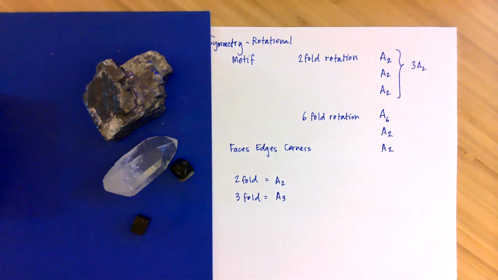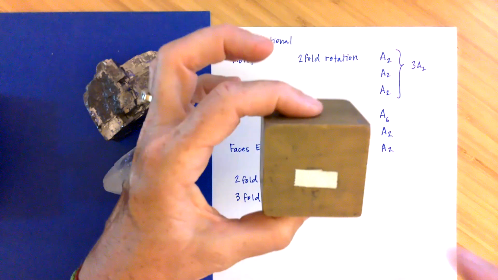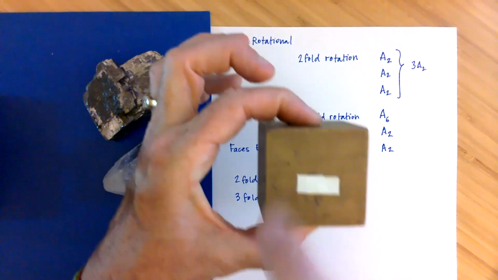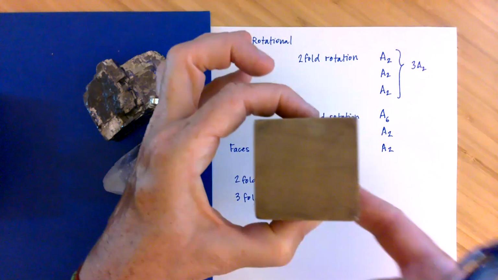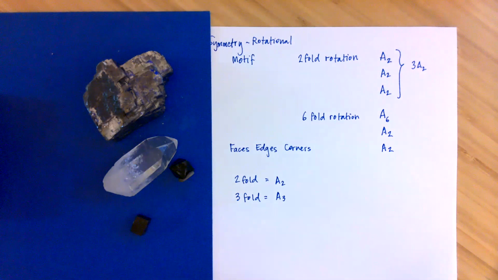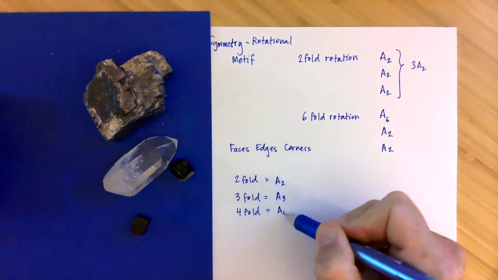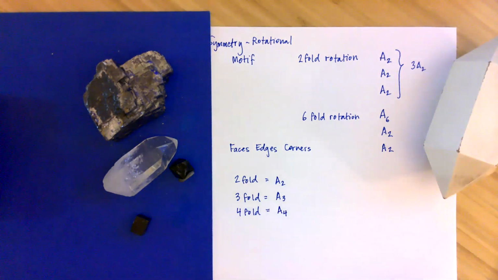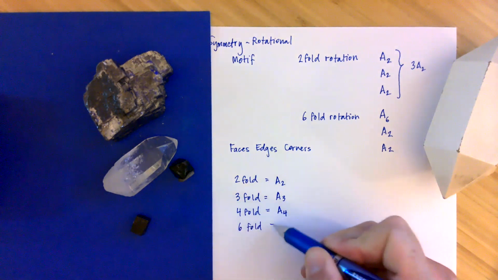We can have fourfold rotational axes. So in this example, my fingertips are the axes. This is the starting point. I see a square, and I see it 1 time, 2, 3, 4, and we're back at the beginning. So that is a fourfold rotational axis, and that is an A4. And then remember, this model is the one that had the sixfold rotation, and that is the A6.